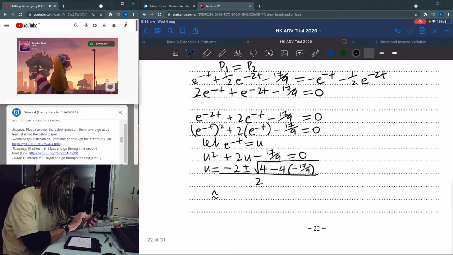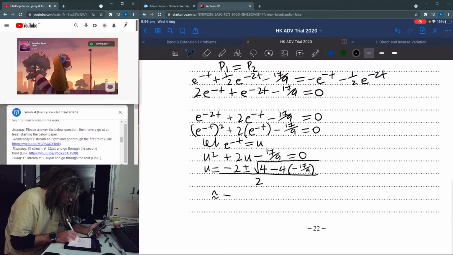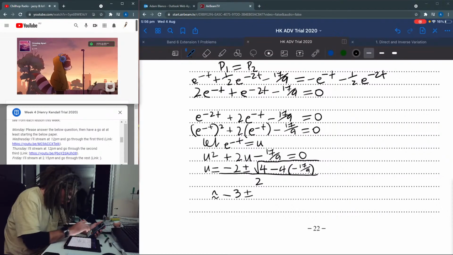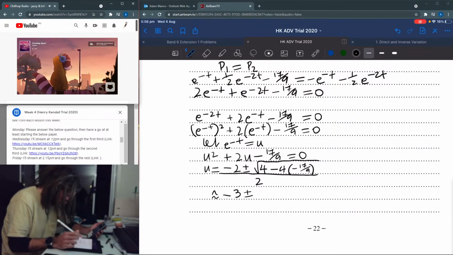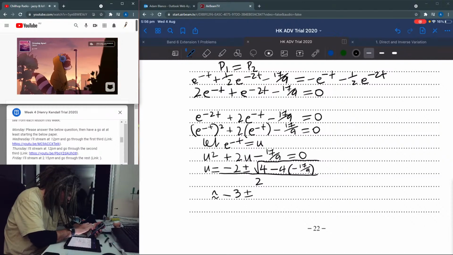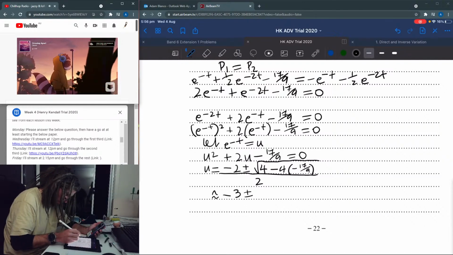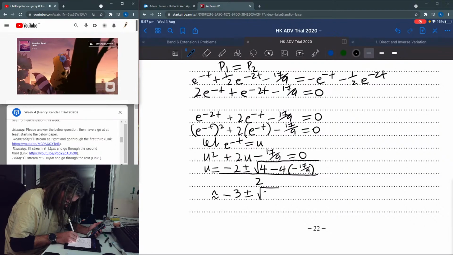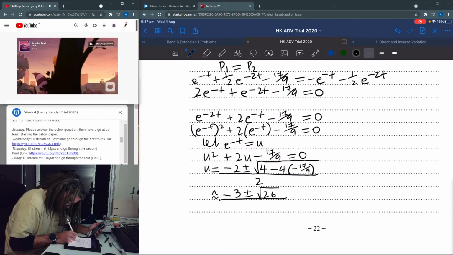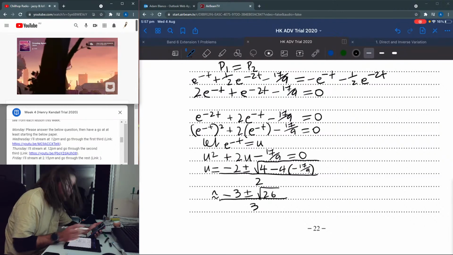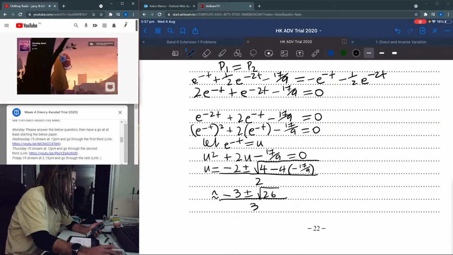Okay, well, calculator did it for me, so minus 3 plus or minus, wait, what? How did this end up as minus 3? God knows. Root 26 on 3. Yeah, right. Is that what the calculator got?